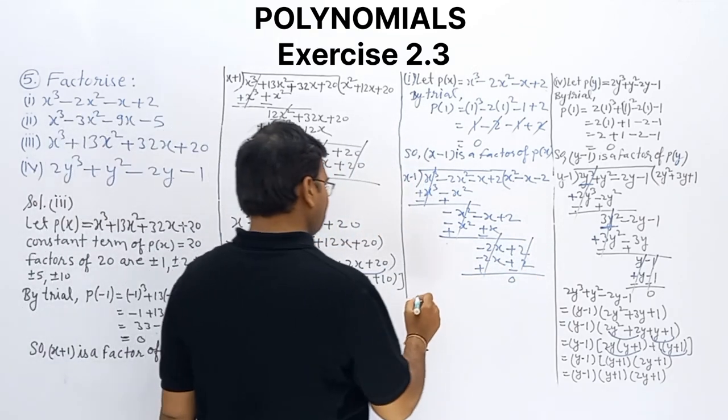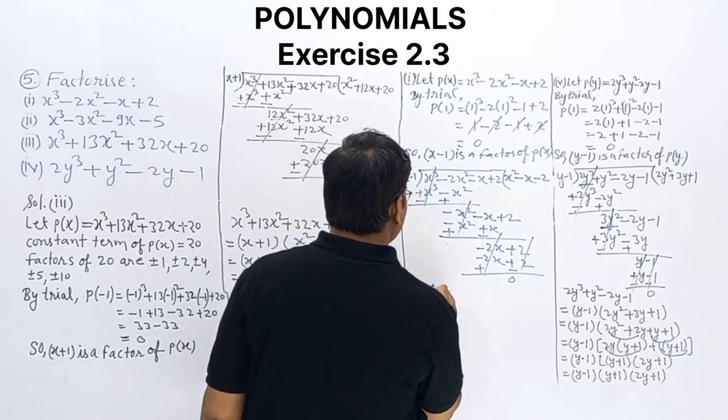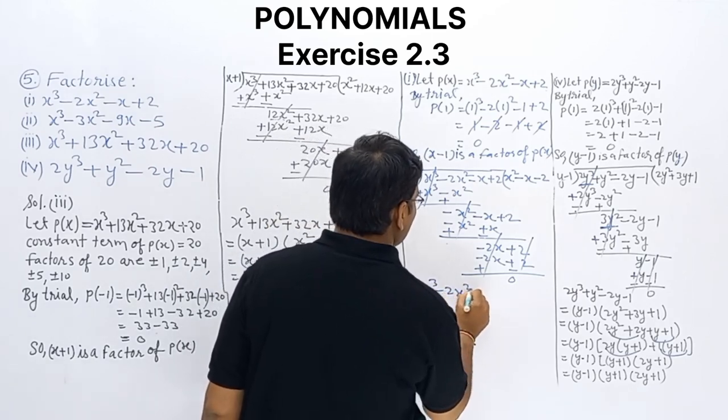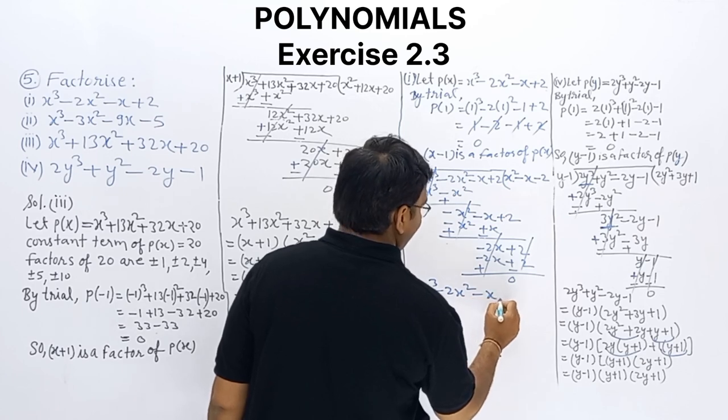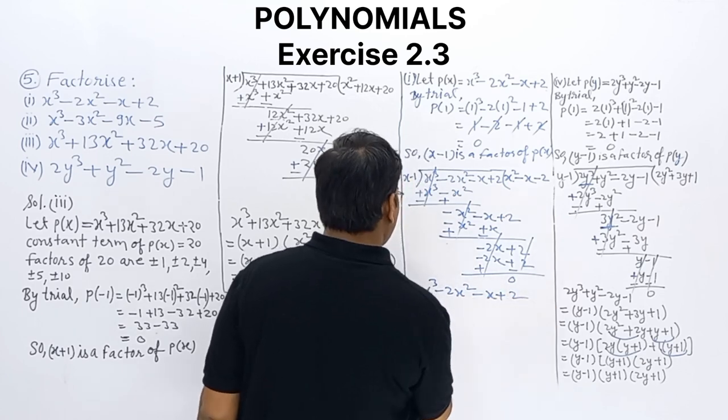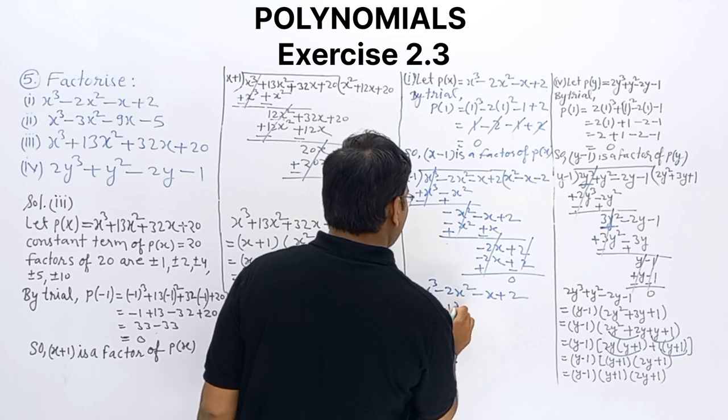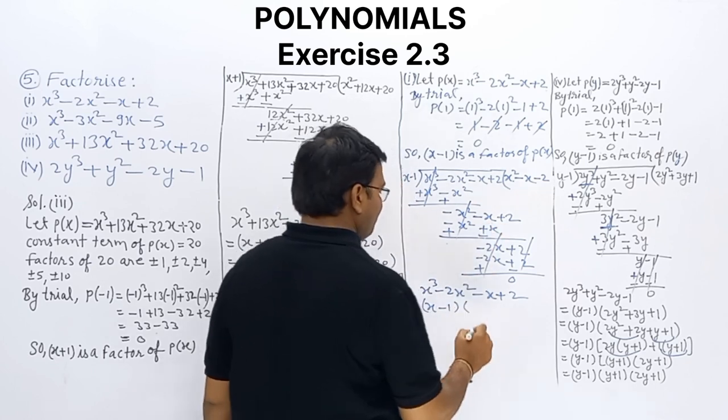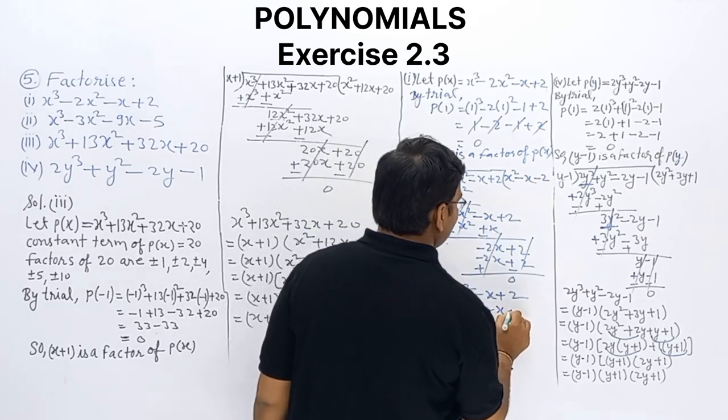So x cube minus 2x square minus x plus 2 is having one factor x minus 1, and one is the quadratic polynomial x square minus x minus 2.